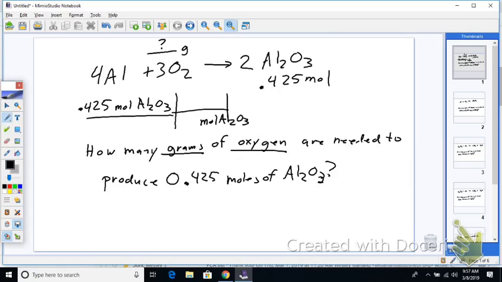So I have to find the number of moles. Does anybody have an idea what unit would go up here so I can find the number of moles? What would I put up here? Grams. Okay, let's say I put grams. Grams of what? Oxygen. Okay, grams of oxygen. So can we say for every so many moles of this, I got so many grams of oxygen? Can we do that?